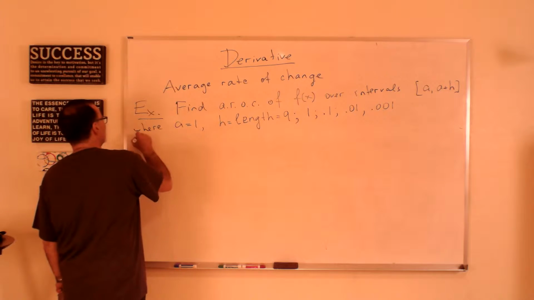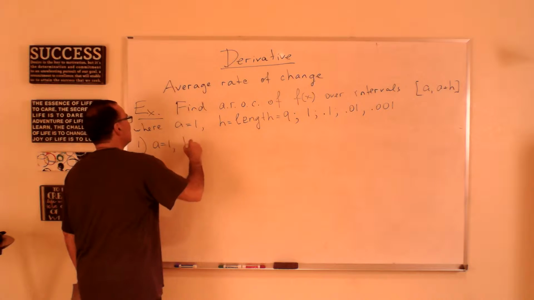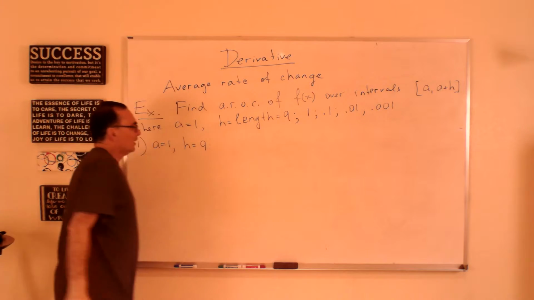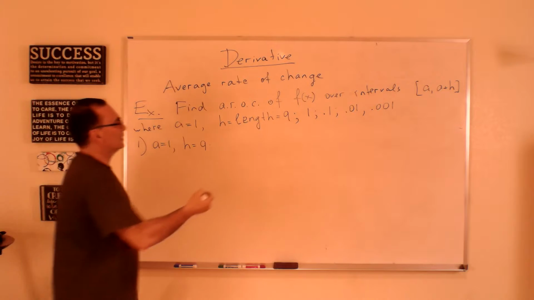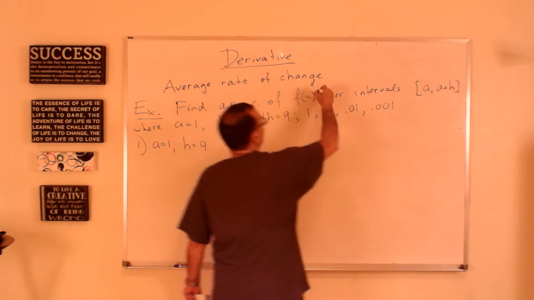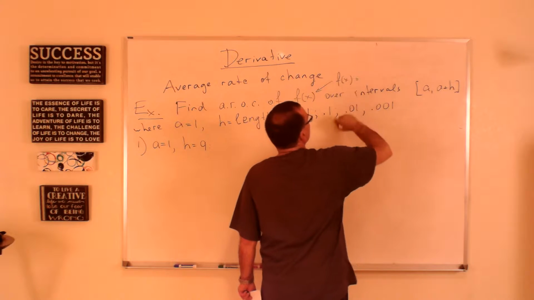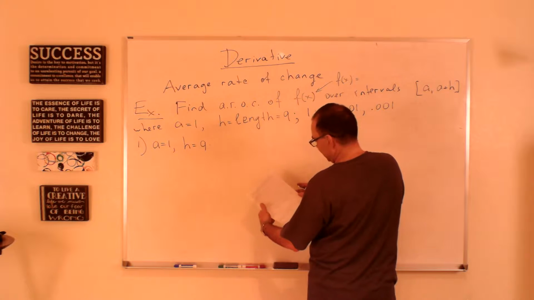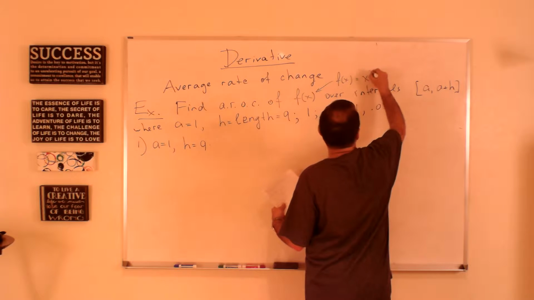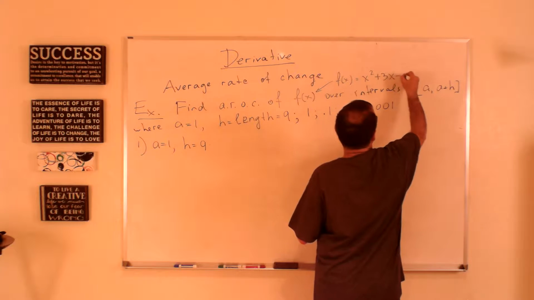So calculation number 1. Take a equal 1 and h equal 9. So first of all, what is the interval in this case? The function will always be the same. So I want f of x to be x squared plus 3x minus 1.